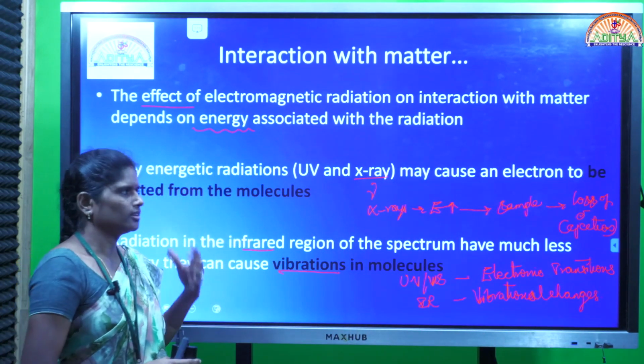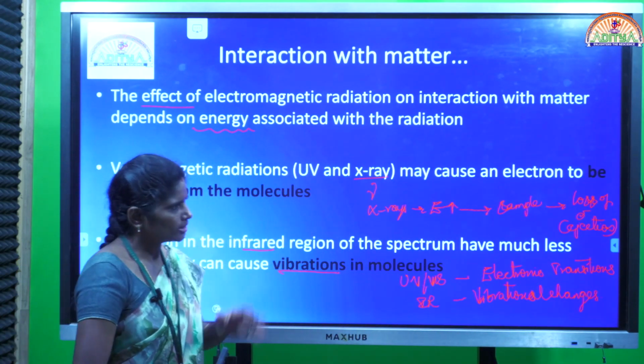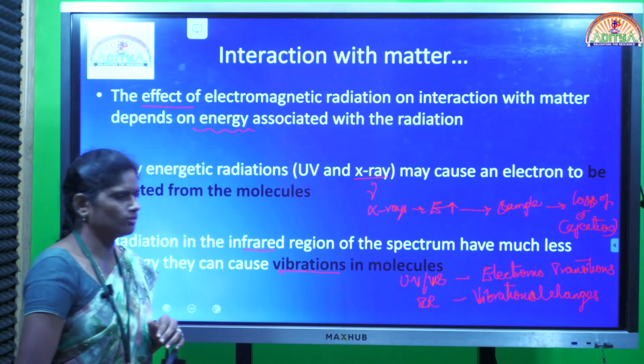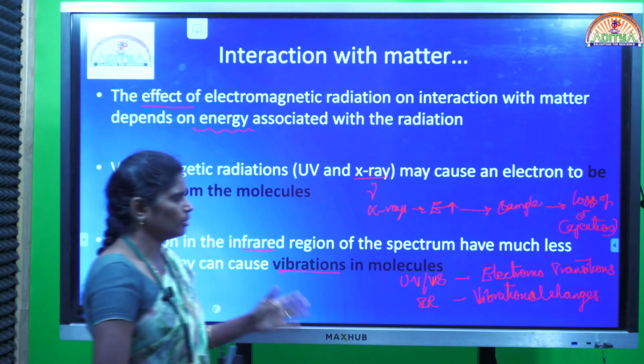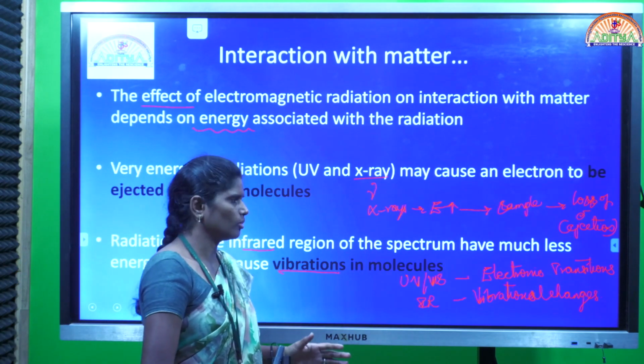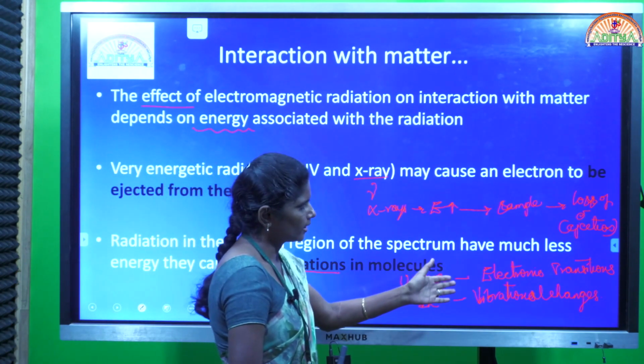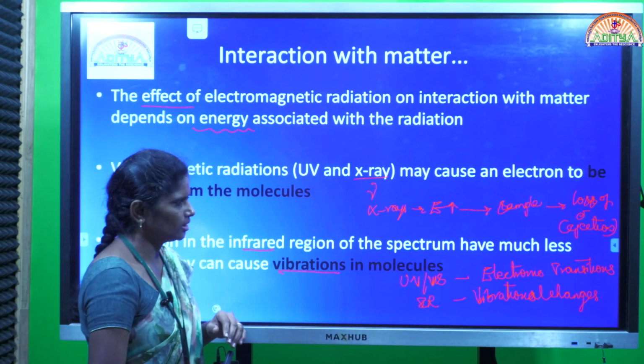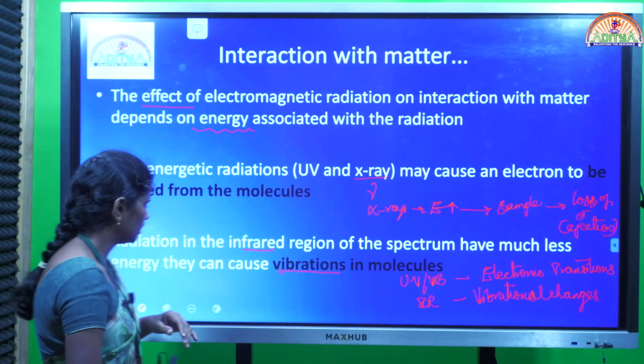So high energetic radiations will cause ejection of electrons, whereas the radiations of UV, visible and IR, which have less energy, are able to cause other effects on the molecule, such as electronic transitions in the case of UV and visible radiation, and vibrational transitions in the case of IR radiation.